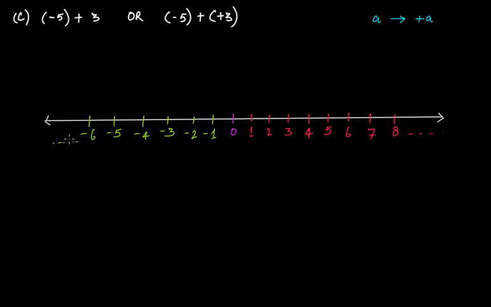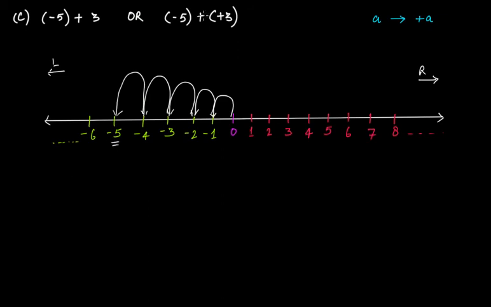Okay, now you are at position 0, you are at number 0. This is -5. This is your left direction, this is your right direction. A minus number means you start jumping towards the left. So take 5 jumps. First jump, second jump, third jump, fourth jump, and fifth jump. You are at minus 5.